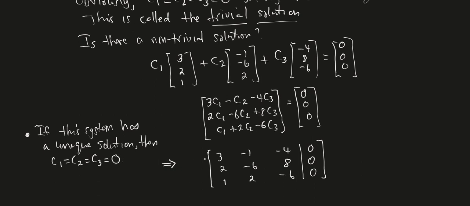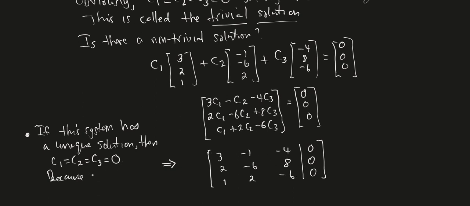This is because we would end up with 3 pivots, and then using back substitution, all our variables would be 0.